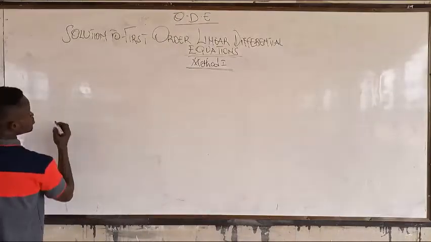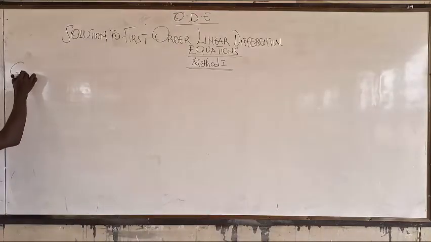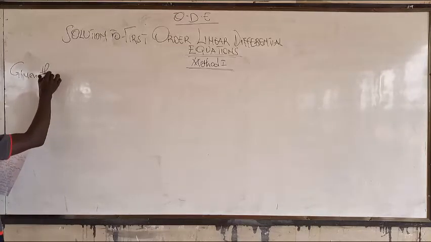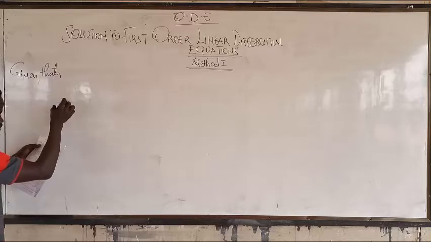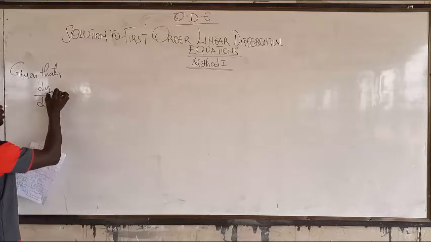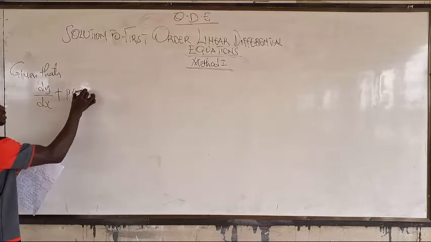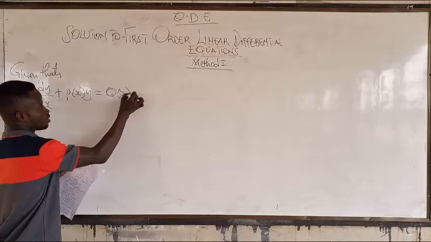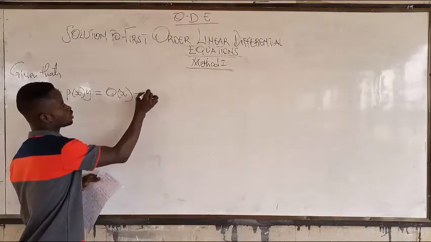Alright. So firstly, given that dy/dx plus p(x)y is equal to q(x). Let's name this equation 1.